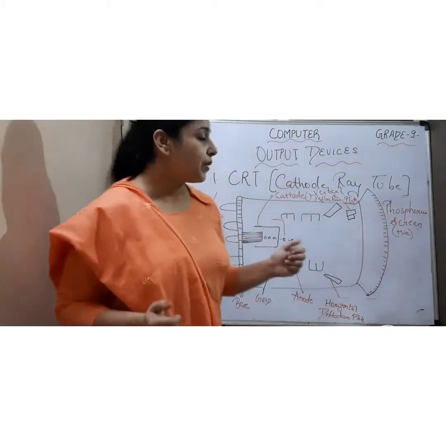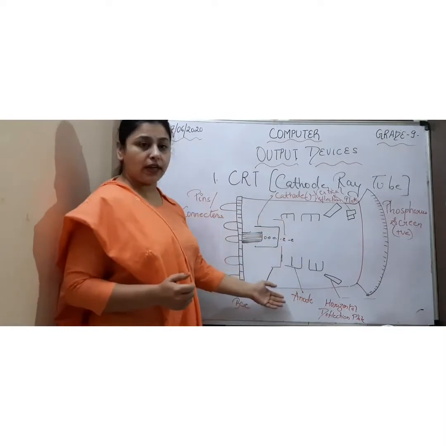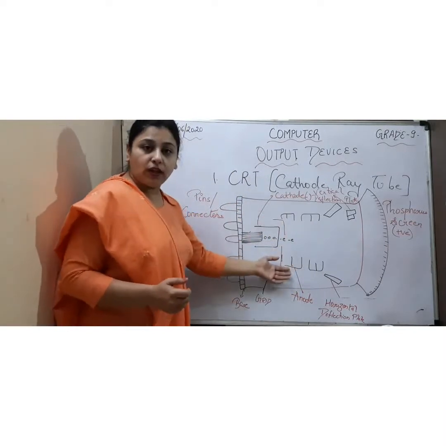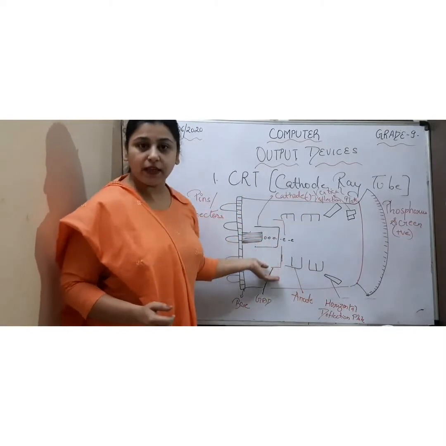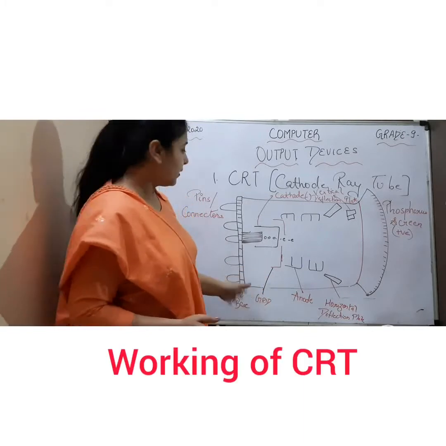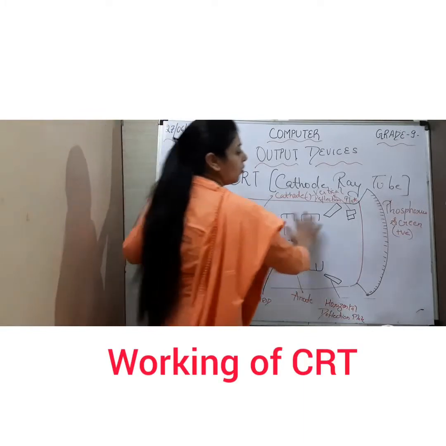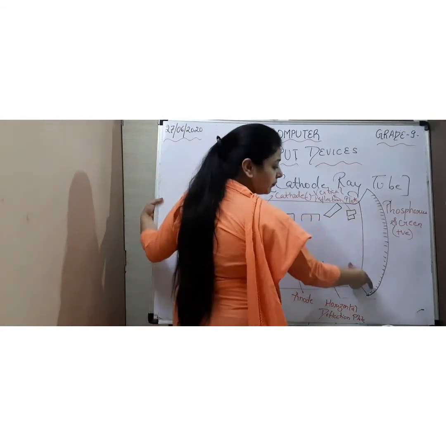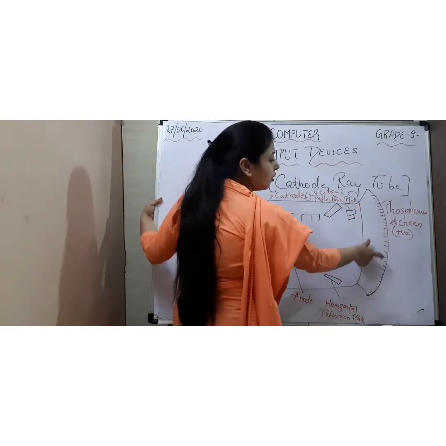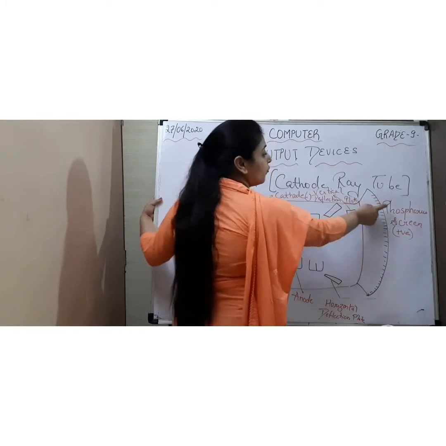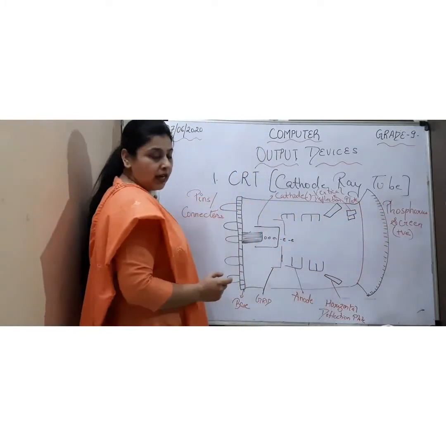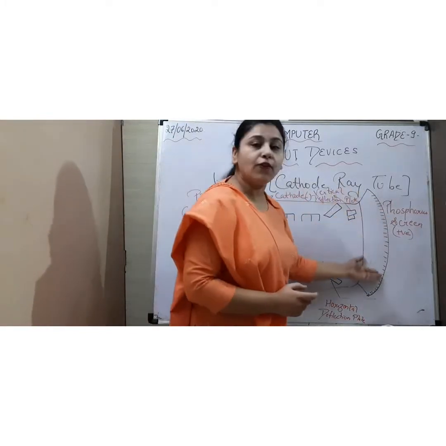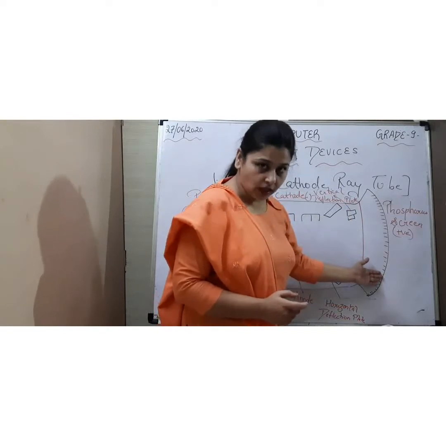So what is this cathode ray and the electron gun and phosphorus? I'm explaining the working of CRT. See, this is how your CRT works. The outer screen is always coated with phosphorus, and the screen is therefore always positively charged.